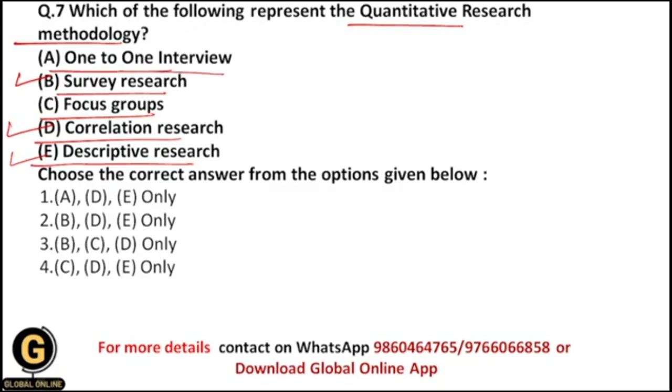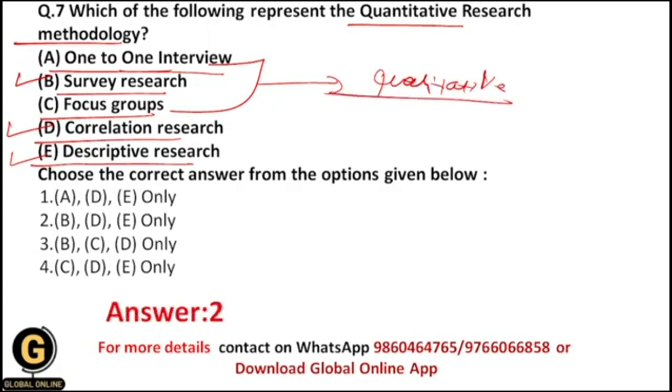But in the one-to-one interview, focus groups, basically we are not going to do such kinds of things, and these are basically the qualitative research methodologies, not quantitative one. And that's why the correct answer to this question is 2nd, that is BDE only.